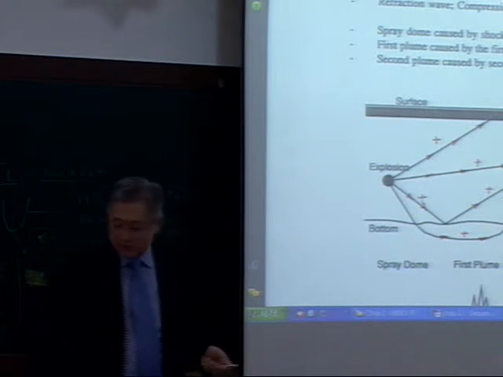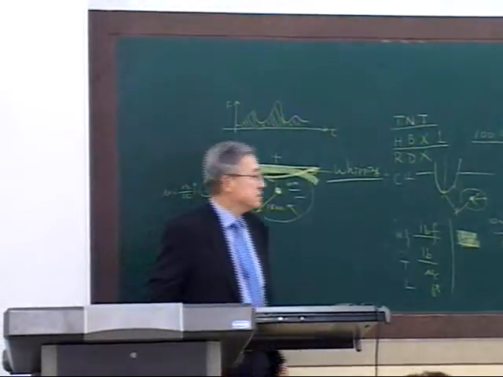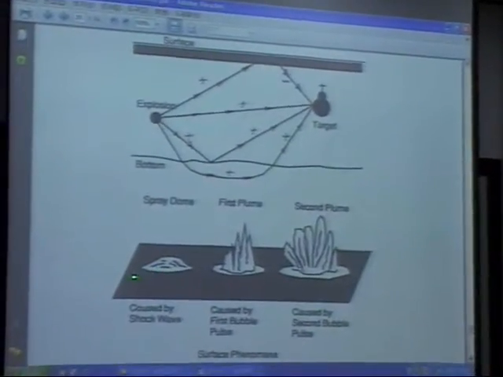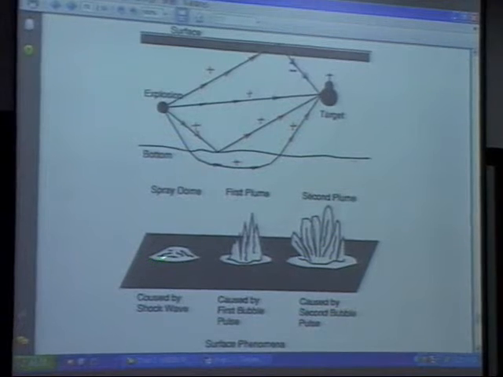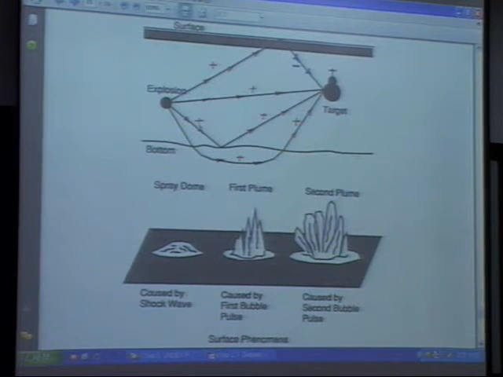So that's what happens. In terms of the plume, right here, you will see that in the movie clip. This is caused by the shock wave. We call it the spray dome. You saw it in another movie.